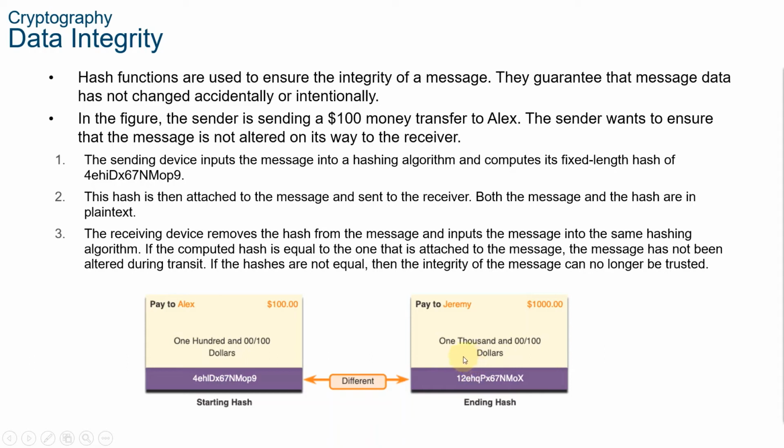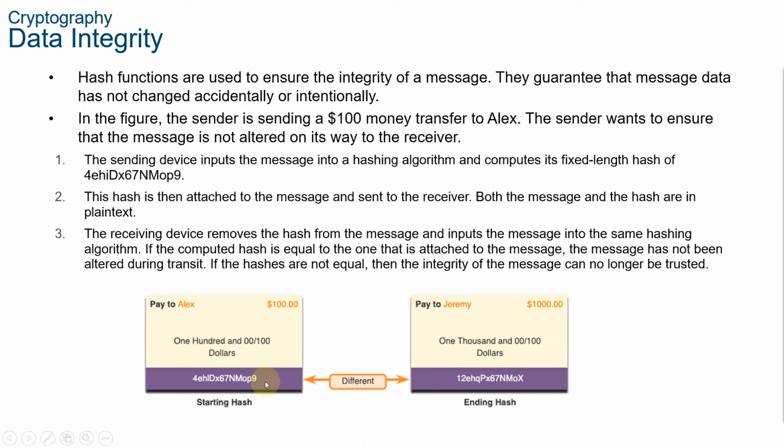In here, if you will observe, the message was originally $100 paid to Alex, and then it was altered to be paid to Jeremy, changed from $100 to $1,000. So the sender wants to ensure that the message is not altered on its way to the recipient.